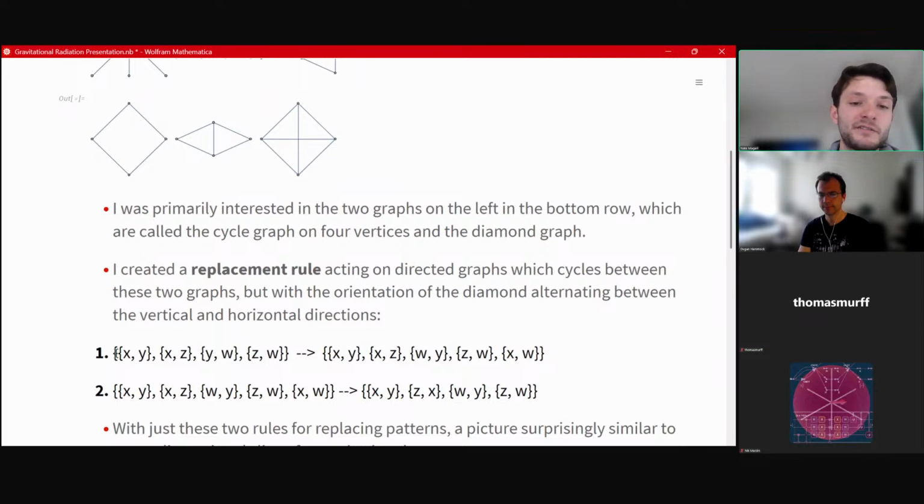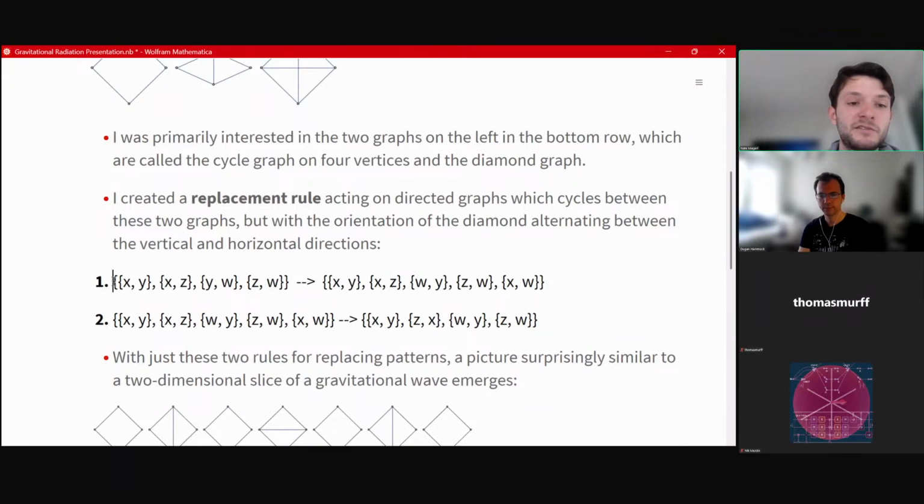In general, these replacement rules are defined on directed edges. So I was able to find a rule which worked on the directed versions of these graphs, which actually oscillates back and forth in a similar way to a gravitational wave.